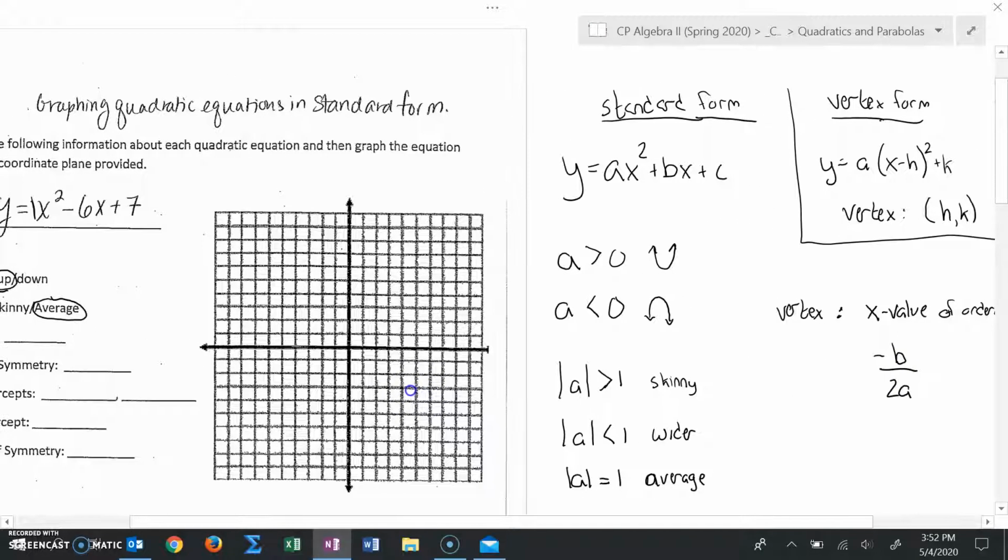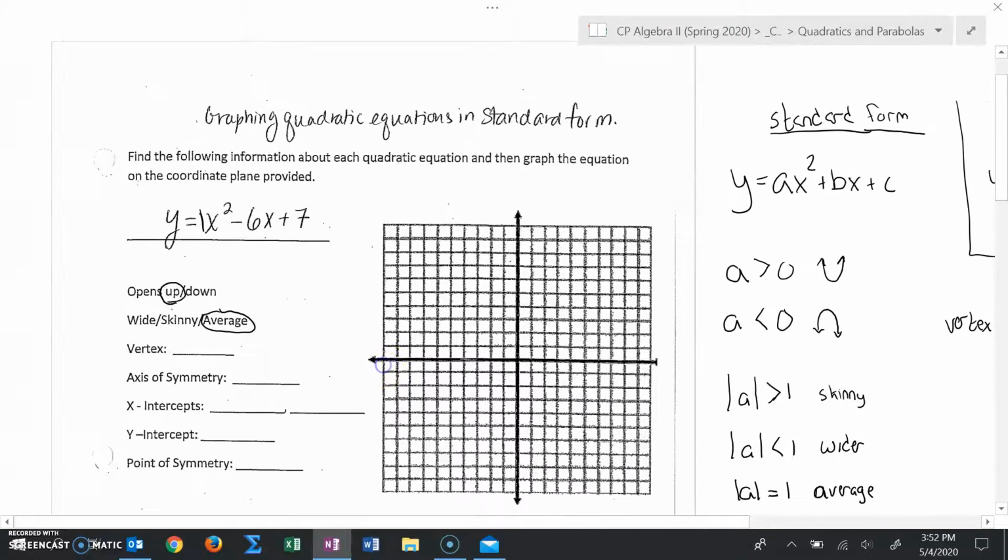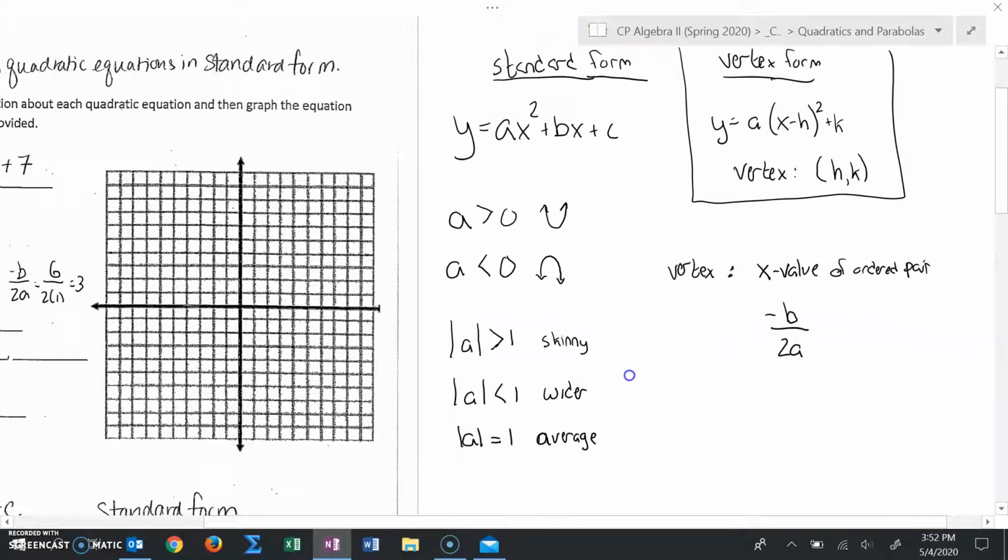In our example, our b value is -6. So we're doing the opposite of b over 2a. The opposite of -6 would be +6, over 2 times 1, which gives us 3. That's going to be the x part of the vertex.